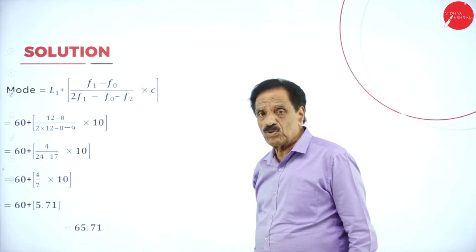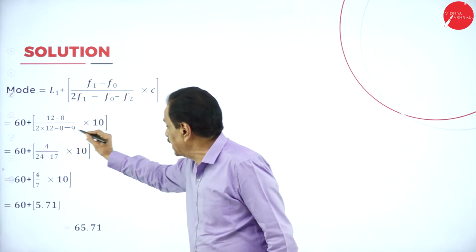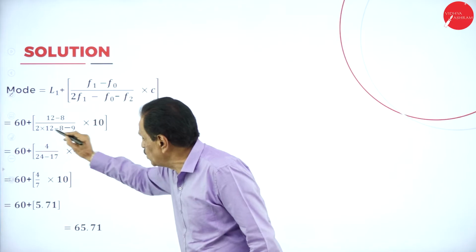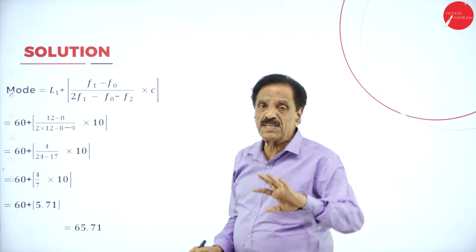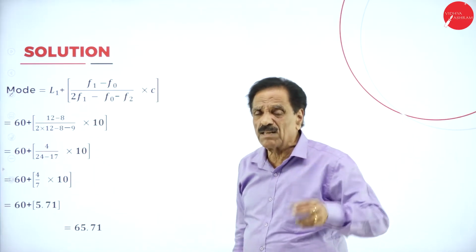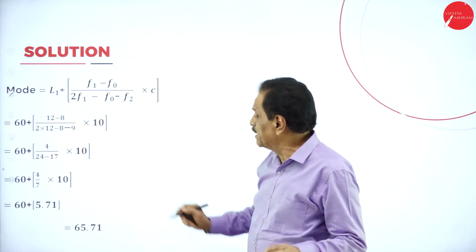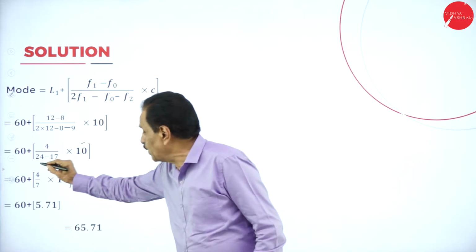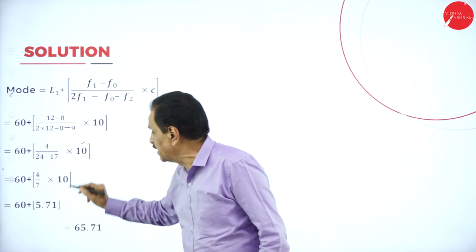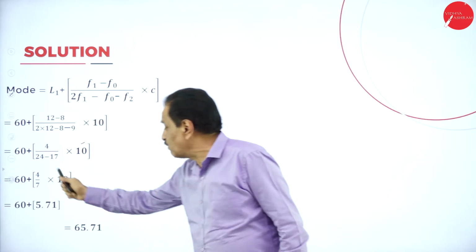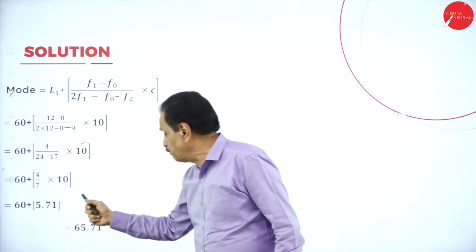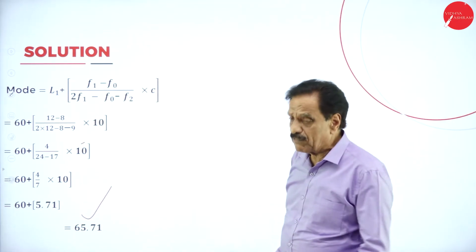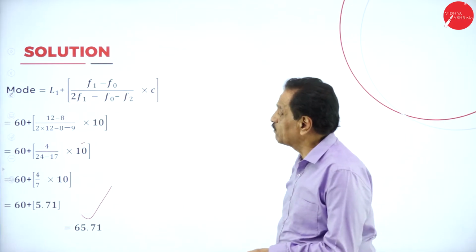Multiplied 2 into 12, 2 F1 minus 8, minus 9 into 10. 12 minus 8 is 4. 12 2s are 24. Minus 8, minus 9 can be added, minus 17 into 10. 24 minus 17 is 7 into 10. 10 4s are 40 divided by 7 is 5.71. Add the figure: 65.71. This goes in favor of mode.